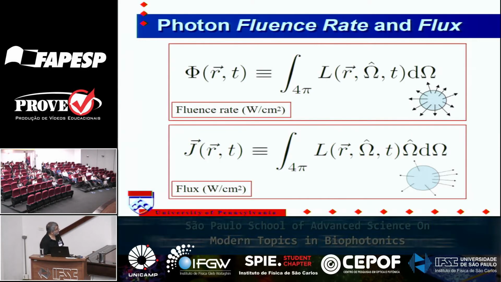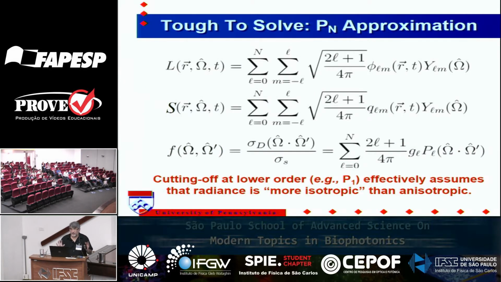And then there's the flux, the photon flux, and that's also an integral of this radiance, but it's weighted by the angle that it's going. So this has a directionality to it. But both of these variables have integrated out, if you like, the directionality, and basically only depend on position and time.